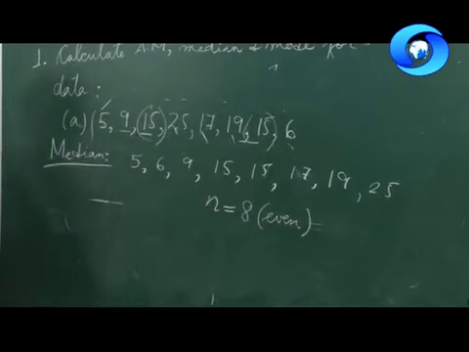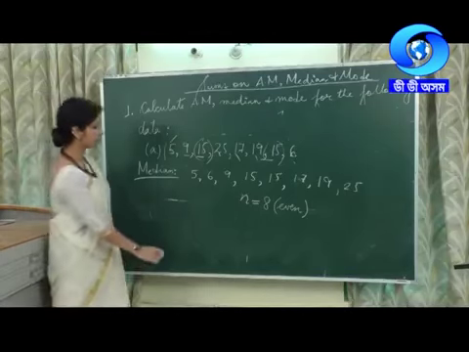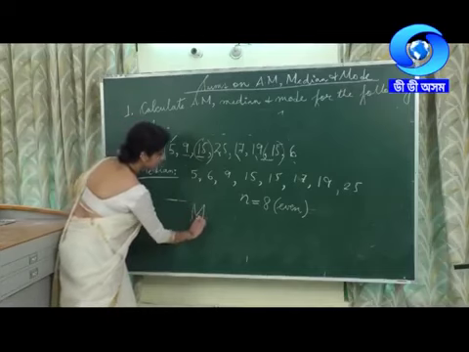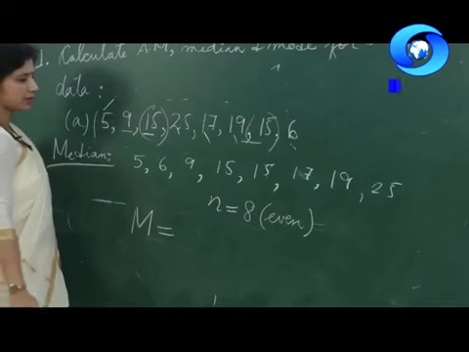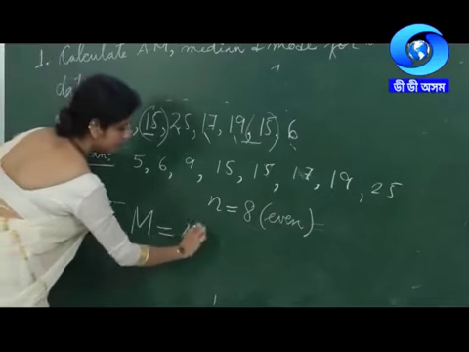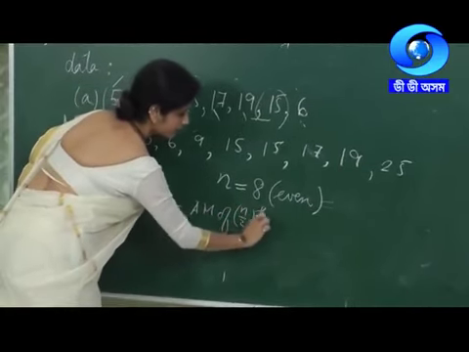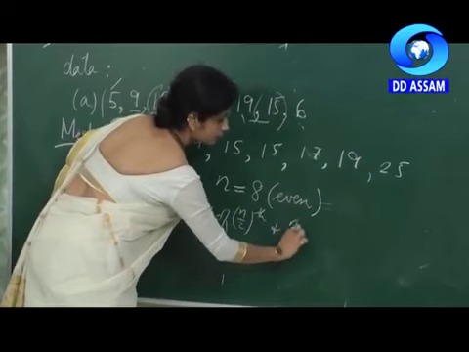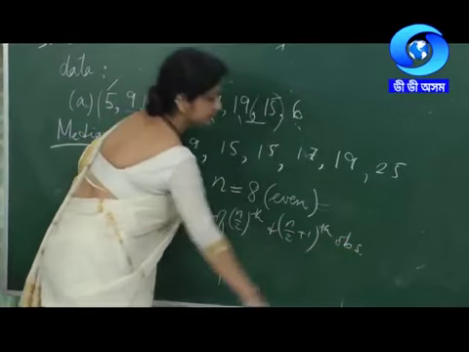Alright. So if we have an even number of observations, what is the formula for finding the median? Median will be equal to the arithmetic mean of the n by 2th and n by 2 plus 1th observations.